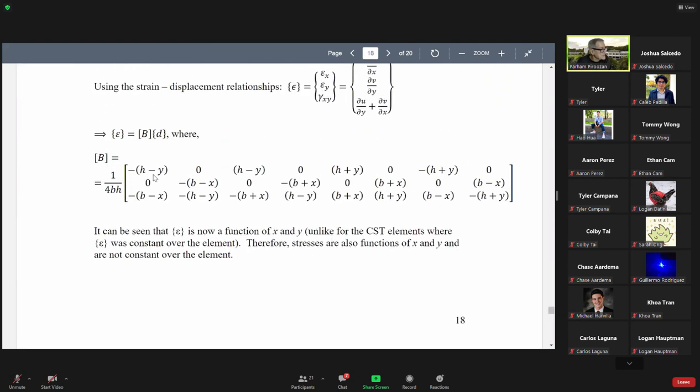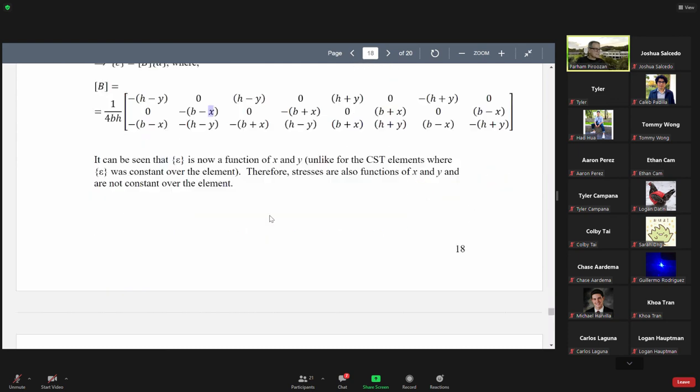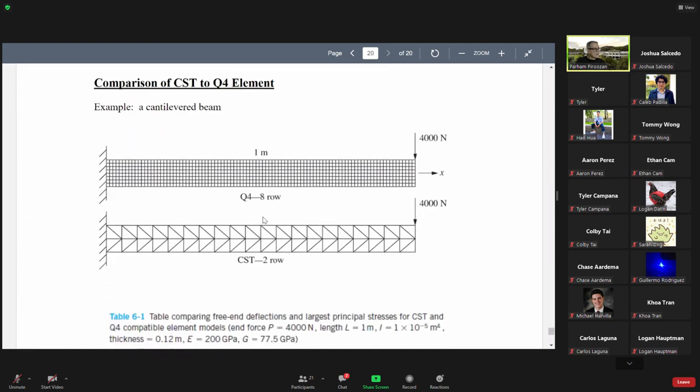The key is here, this B matrix, compare this one to the triangular elements, these X's and Y's make this stress as sigma X and sigma Y vary linearly over the element versus the constant strain triangular elements where stress was constant. And this example problem was very helpful to compare the behavior of these two.